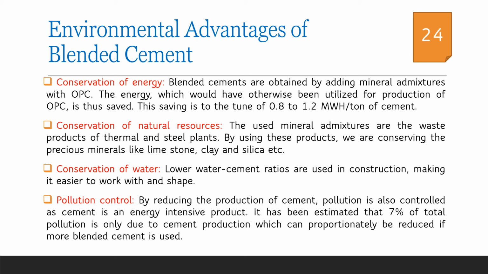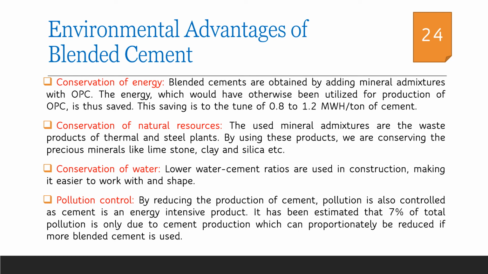This saving is about 0.8 to 1.2 megawatt hours per ton of cement. Now considering conservation of natural resources, since we are using mineral admixtures for the production of blended cements, the natural resources, that is limestone, clay and silica, which are used for pure OPC production, are saved, which will lead to natural resource savings.